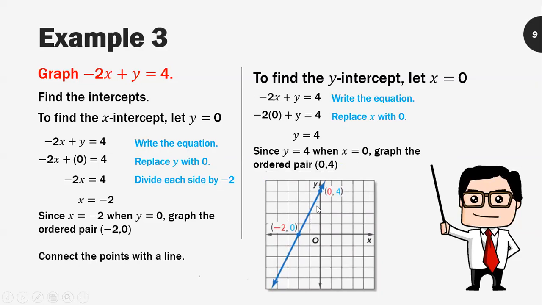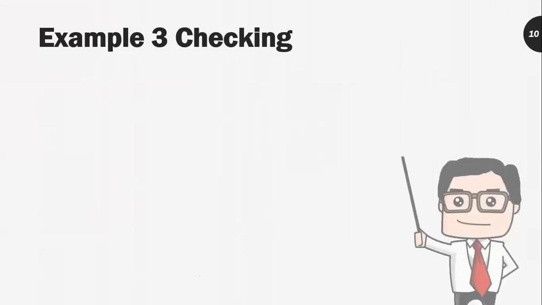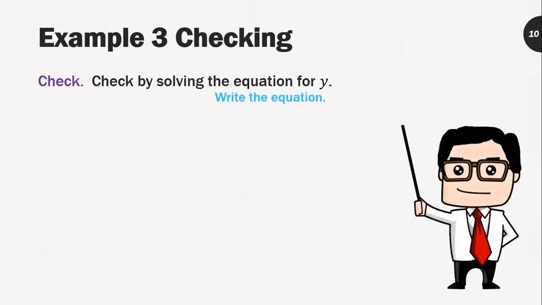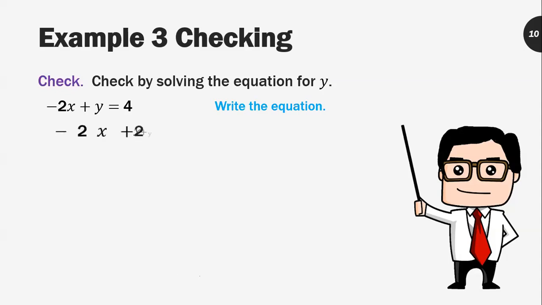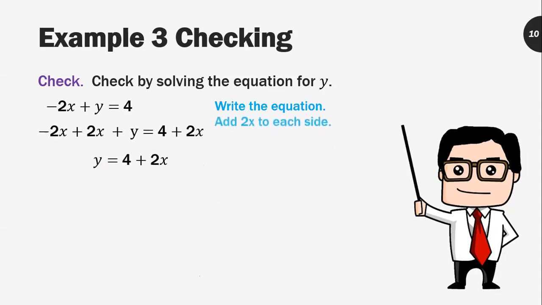Just plot them on the grid and then connect them to draw the blue line. If I want to check my answer, I'll solve the equation negative 2x plus y equals 4 for y. So y equals 4 plus 2x.